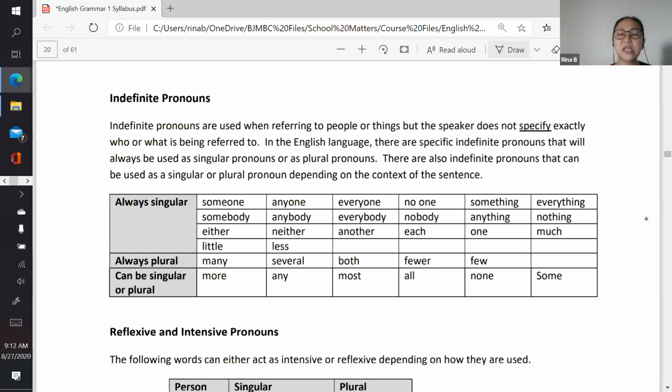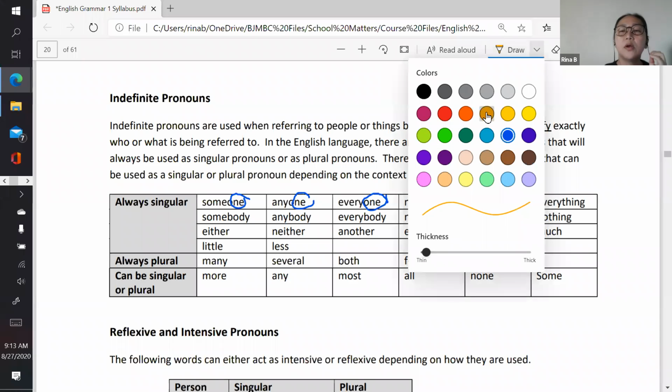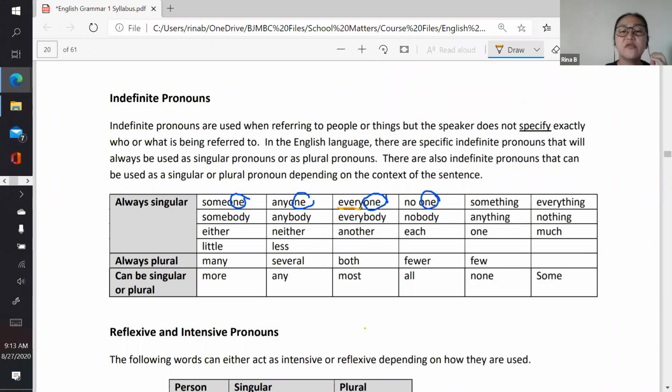The main distinction is if you have the word one, so everyone, no one, anyone, someone, or the words every, so everyone, everybody, everything, they clearly point to one thing, right?